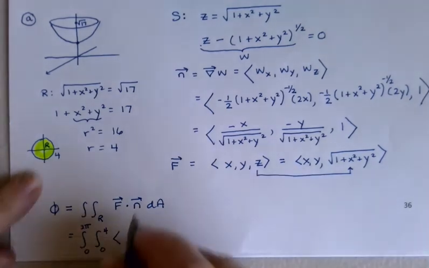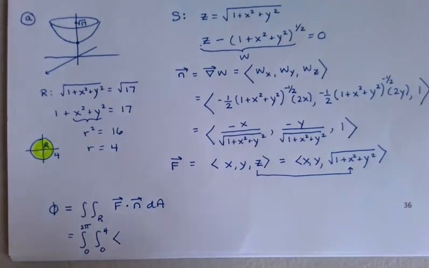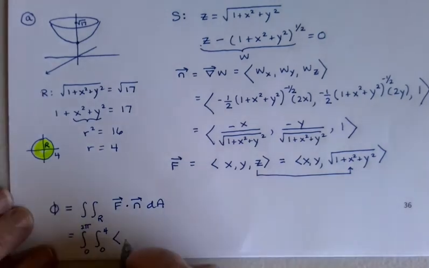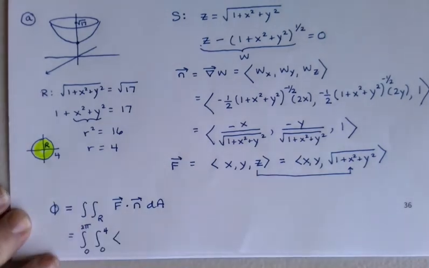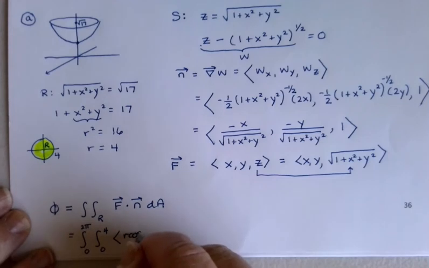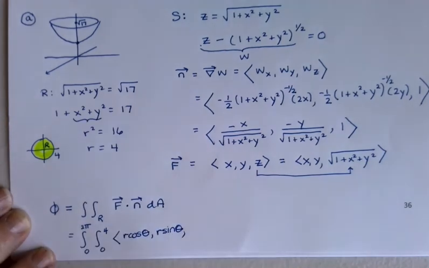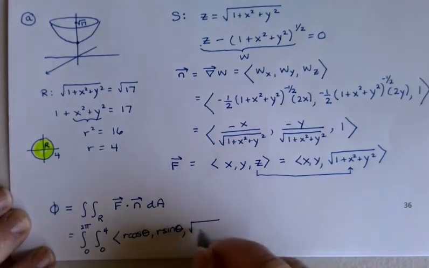F, in polar coordinates, actually, you know what? I'm trying to decide which way I want to go with this. I'm going to leave this in no, I can't. I already did that. Never mind. We're going to polar. X is r cos theta. Y is r sine theta. And then I have the square root of 1 plus r squared.